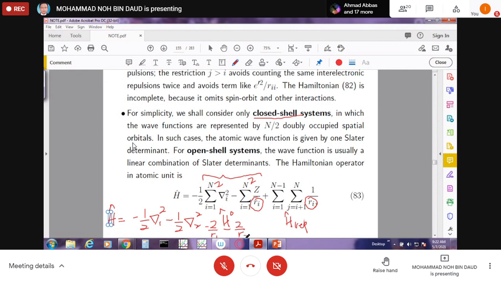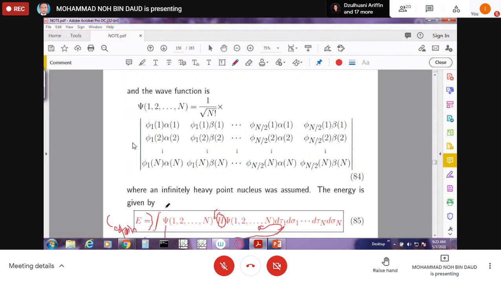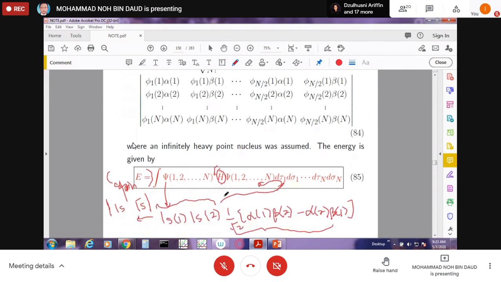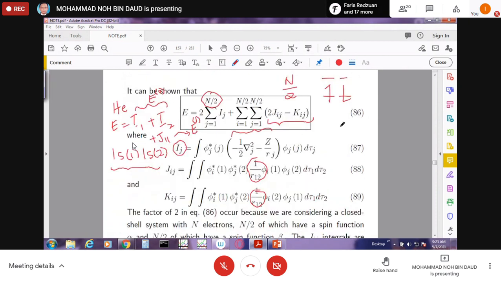Electron 1 with the nucleus, and electron 2 with the nucleus, negative charge with positive charge. Then the repulsion between these two electrons. Substituting into this and using the definition of this one, you can show this is I1 plus I2 plus J11.